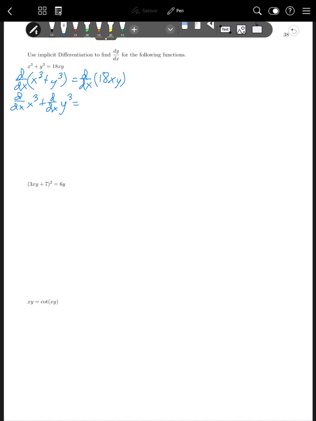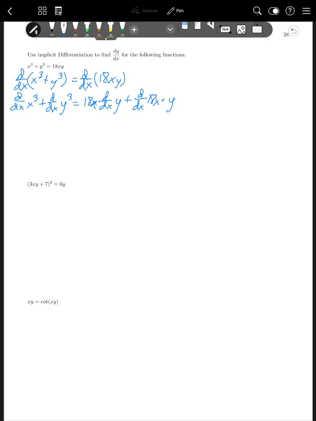And on the right-hand side, I have to do the product rule. So this will be the first thing, 18x times the derivative of the second thing, so the derivative of y, plus the derivative of the first thing times the second thing. Okay, so let's do all those derivatives.